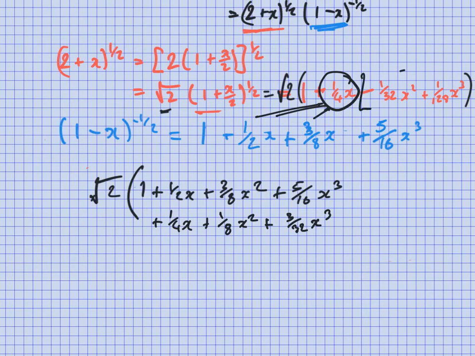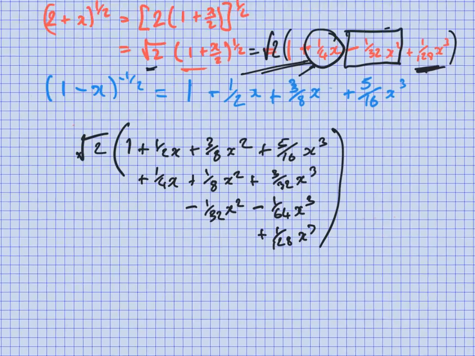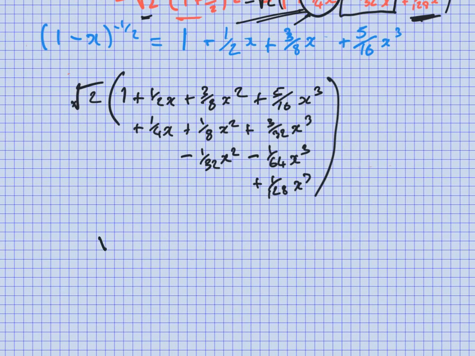So I'm now going to do minus 1/32 x squared times each bit. So that gets me minus 1/32 x squared if I times it by 1, and minus 1/64 x cubed. And the last bit is to take the 1/128 x cubed and times that by 1, which gives me 1/128 x cubed. And now add that up to get the actual expansion.